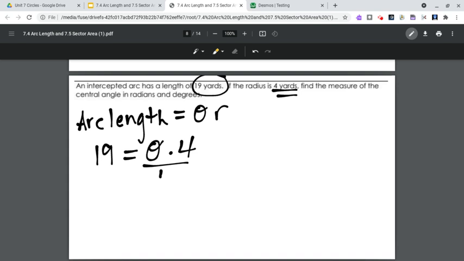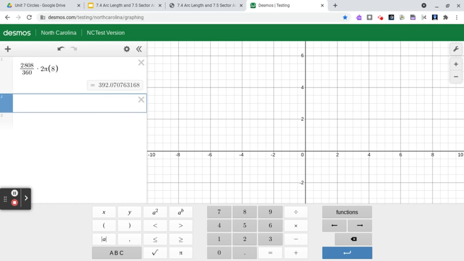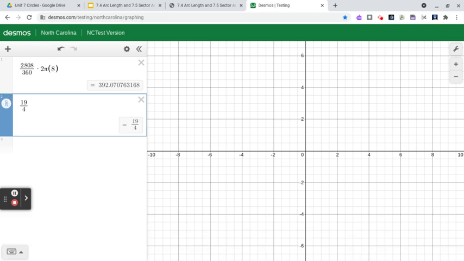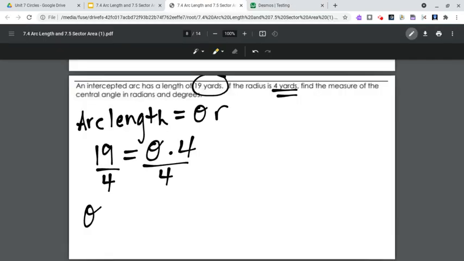Divide both sides by 4. And that gives us a theta measure of 19/4, which is 4.75 radians, or we can leave it as 19/4. But I'll just go ahead and put 4.75 radians.